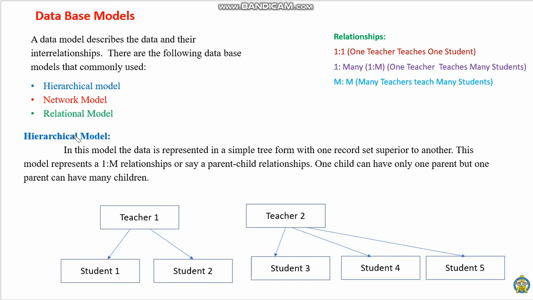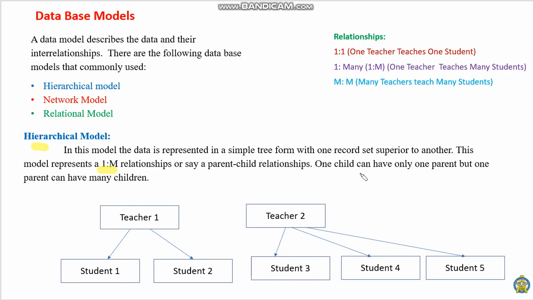Now let's go to what is called the hierarchical model, the first. In this model, data is represented in a simple tree form with one record, meaning one entity, set superior to another. This model represents a 1 is to m relationship or a parent-child relationship.